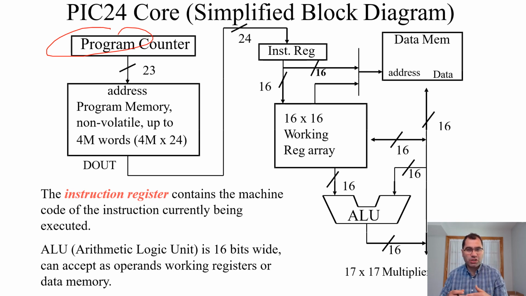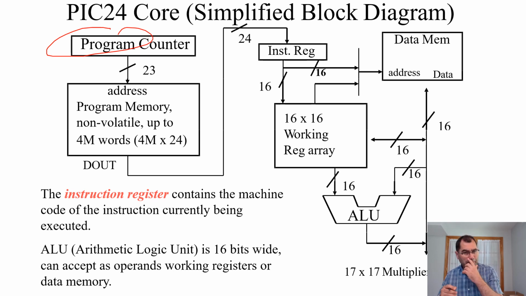As each instruction gets fetched, the program counter increases its stored value by 1. It's 23 bits in length. What that means is it can hold up to 4 million instructions.